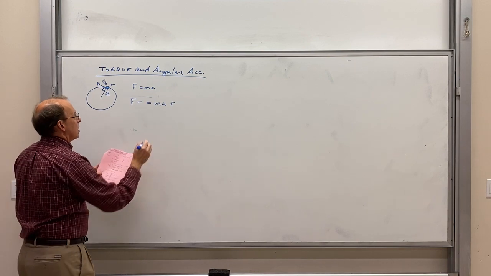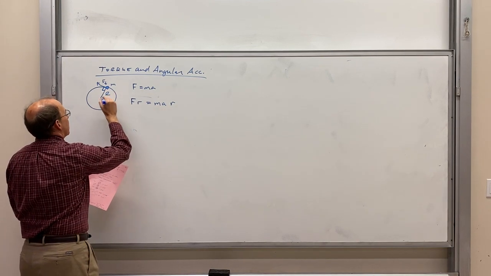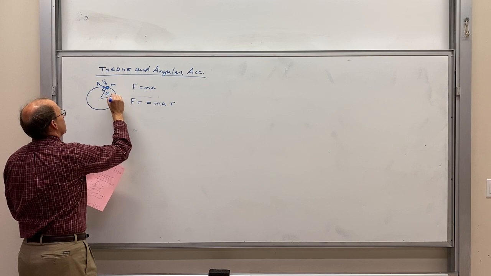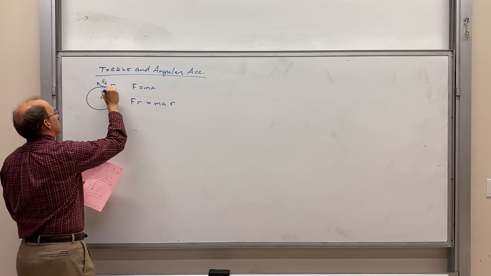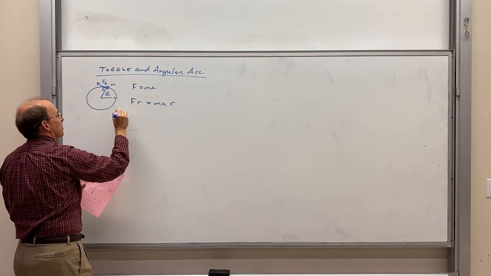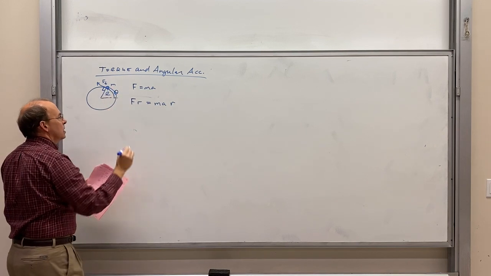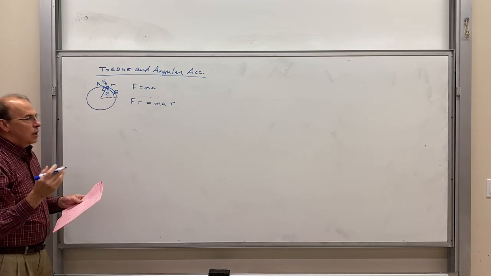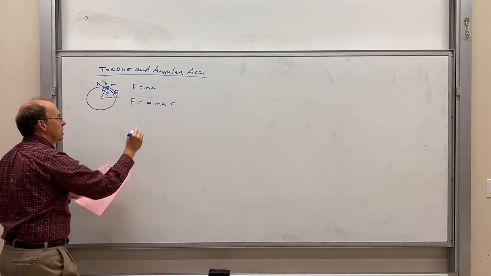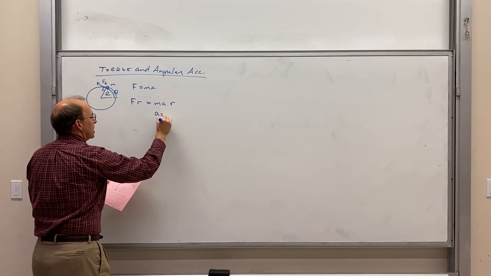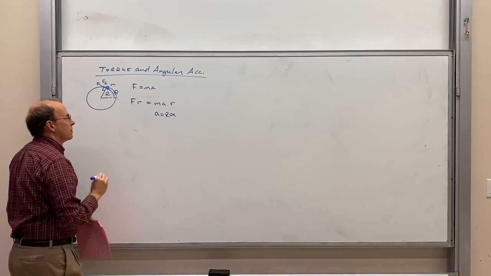But I also know that if I'm describing where this particle is not by x, but in terms of some theta and some omega and some alpha, then a is r alpha.